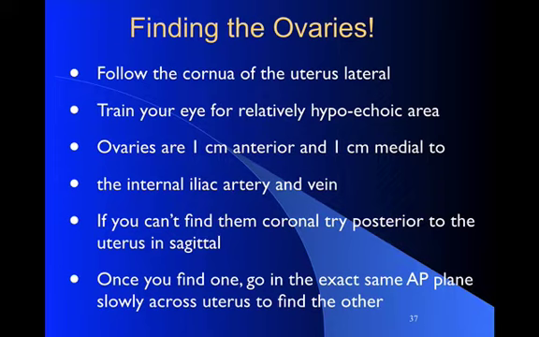The other thing you can do is just know that the ovaries are 1 centimeter anterior and 1 centimeter medial to the internal iliac artery and vein. If you can't find them on the coronal view, go sagittal and look posterior to the uterus. Once you find one ovary, go in the exact same AP plane slowly across the uterus to find the other ovary.